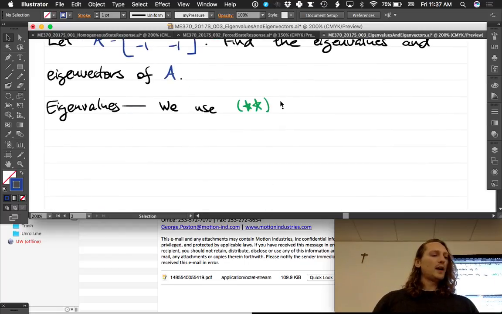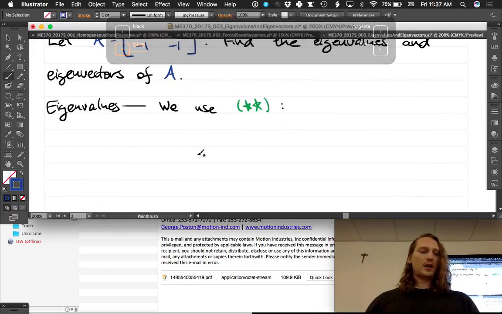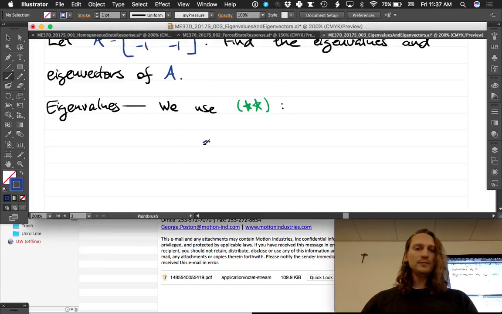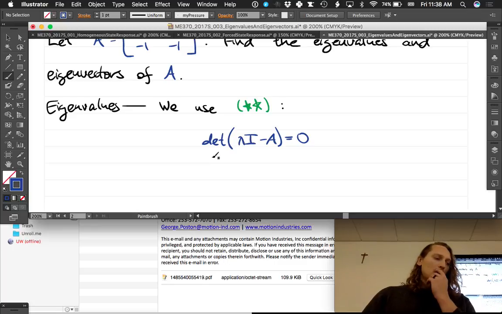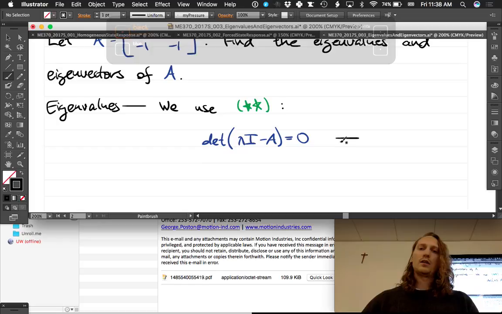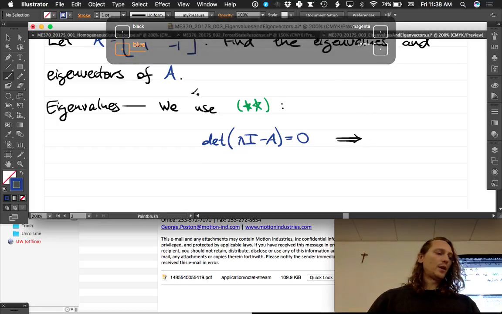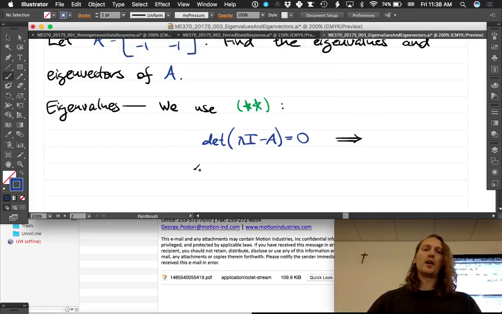The determinant of lambda I minus A equals 0. Let's rewrite this with the matrices all plugged in.